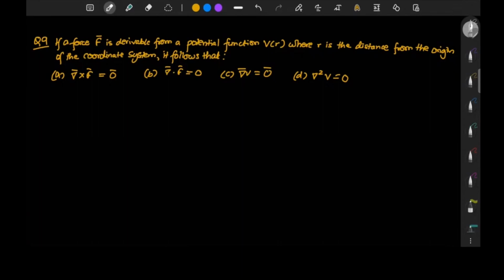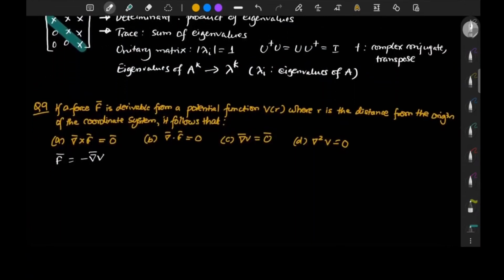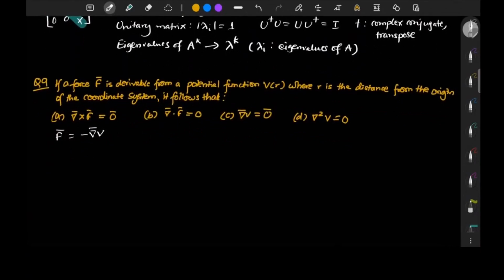So let me write down. If F is derivable from a potential, you know that force is given as negative of the gradient of the potential function. So negative of the gradient of the potential function, that's how you would write your force.